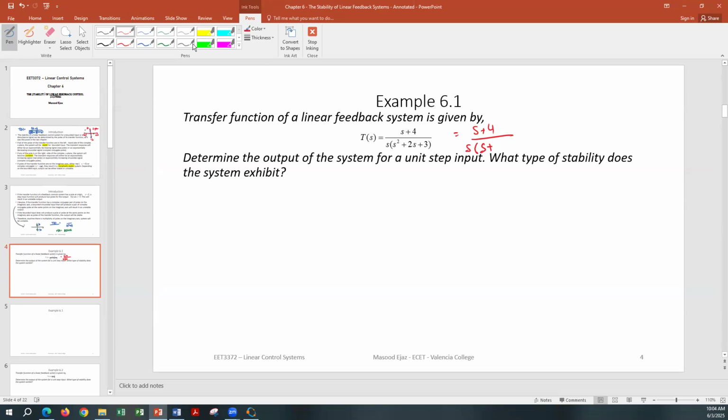Yeah, or minus 1 plus 1. So s plus j1.41 and 1 plus j. Okay, so it's a complex conjugate. I thought it was real. Anyways.